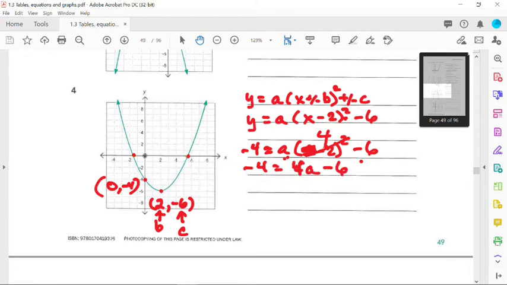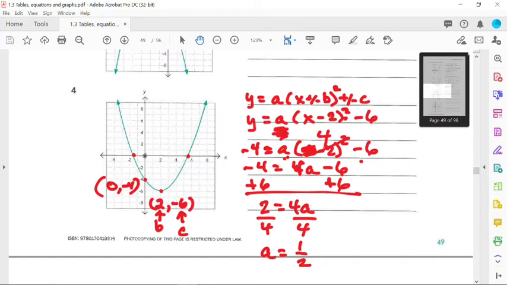Then we need to add the 6 to both sides to get the term on its own, so it is a little wider, because it's going to give us a of 1/2. All I need to do is replace this a back up there with 1/2, which gives me the completed equation of y equals 1/2 times (x minus 2) quantity squared, minus 6.